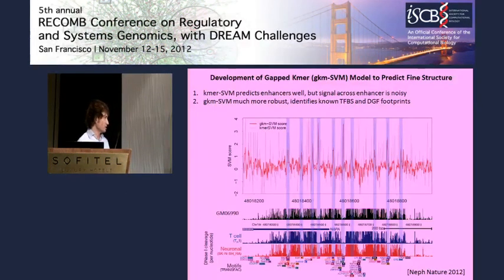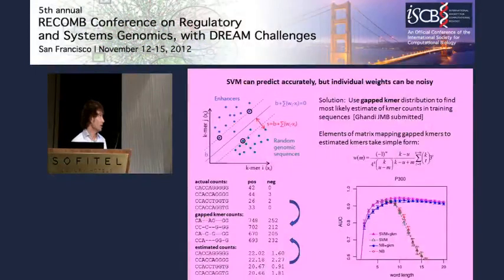So the whole region is DNase hypersensitive, but there are regions that are protected from DNase hypersensitivity by the actual factors that bind in this enhancer, and there may be 5 or 6 or 7 in this promoter. So the new development is to use gapped Kmers as features to predict the most likely estimate of the Kmer counts in the training sequences.